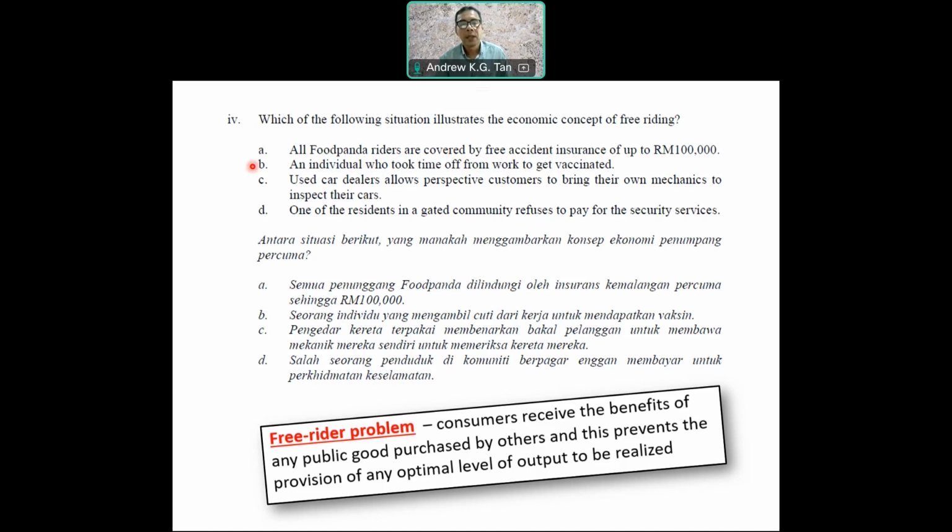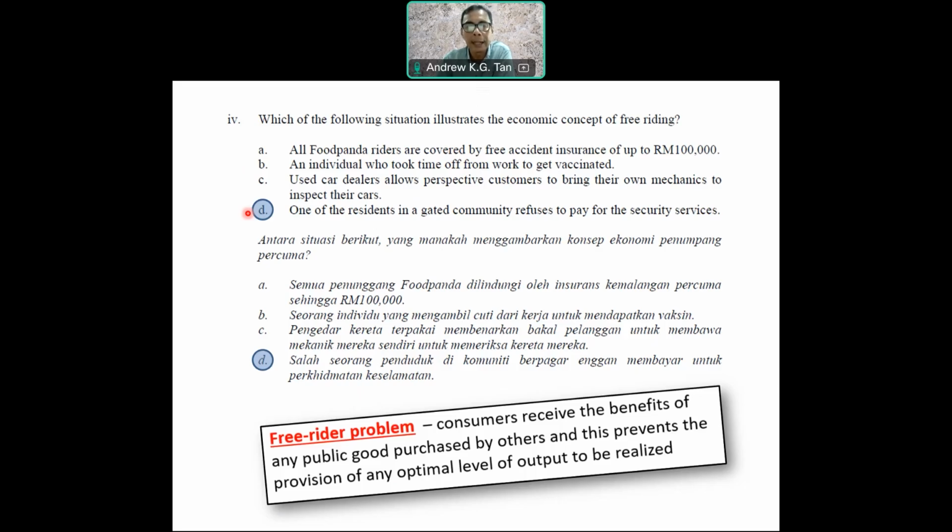Or C, used car dealers allows prospective customers to bring their own mechanics to inspect their cars. Or D, one of the residents in a gated community refuses to pay for the security services. The answer is D. Salah seorang penduduk di komuniti berpagar enggan membayar untuk perkhidmatan keselamatan.